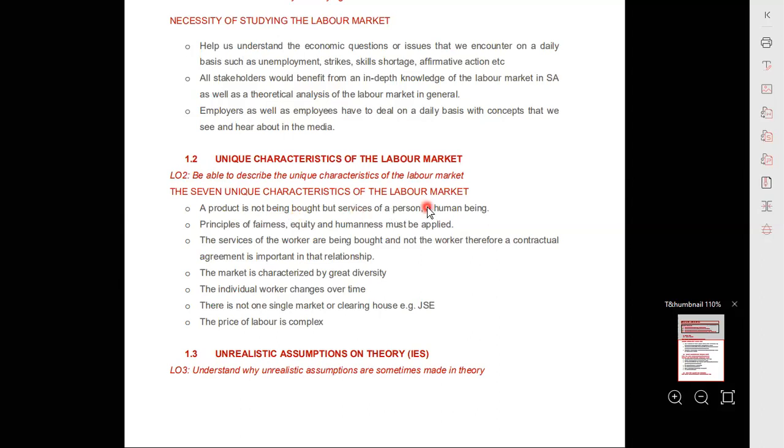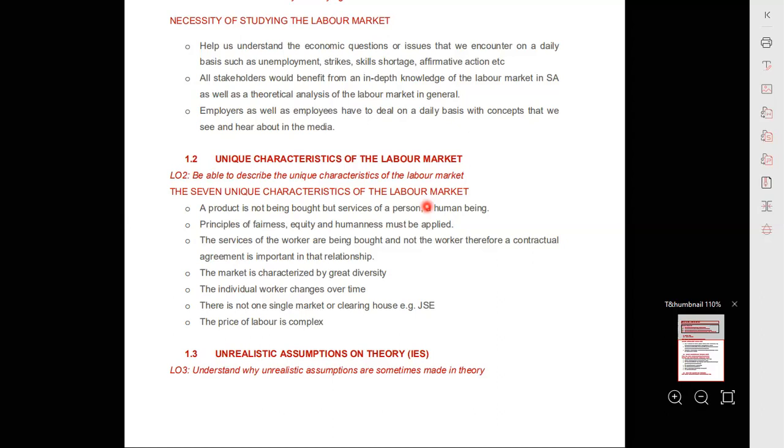You are not selling yourself, but you are selling your labor services. Here we do not buy or sell a human being, but we buy or sell the services that a human being can offer. It's making sense, right? Yes.